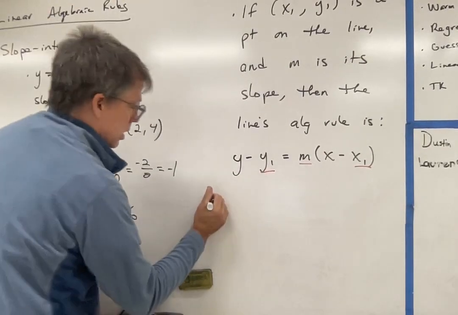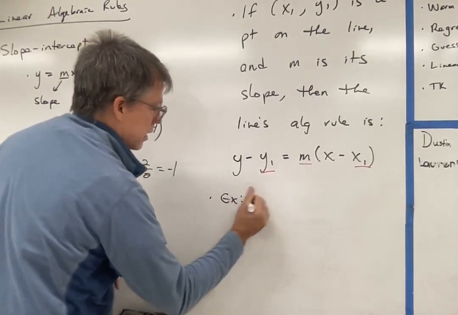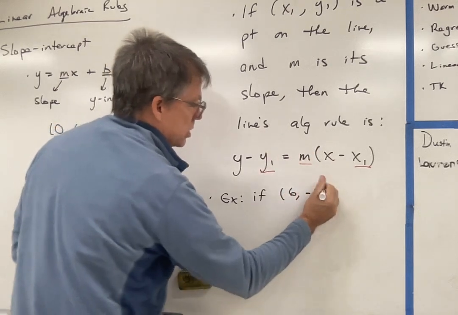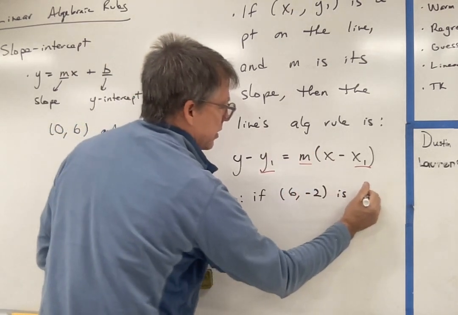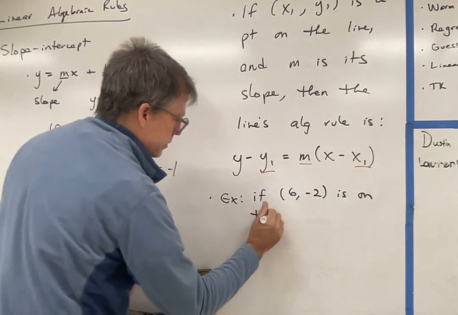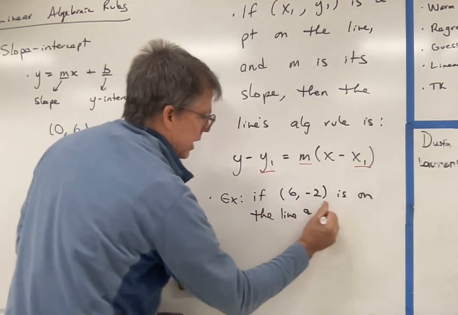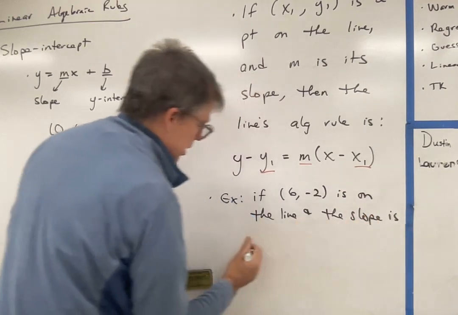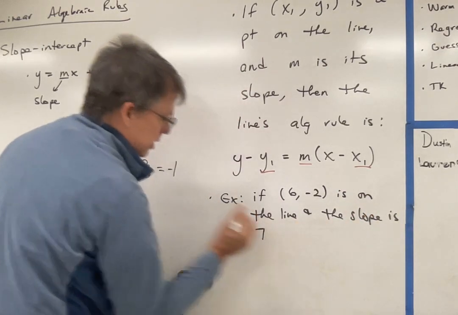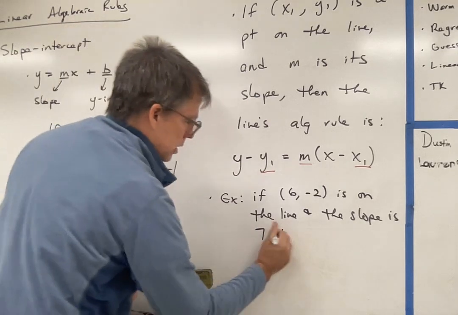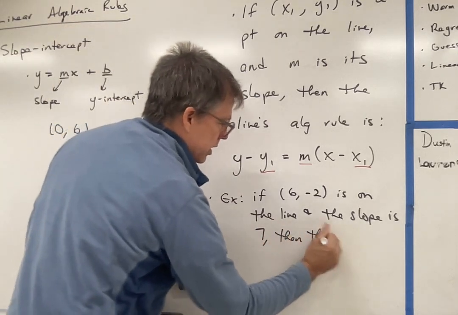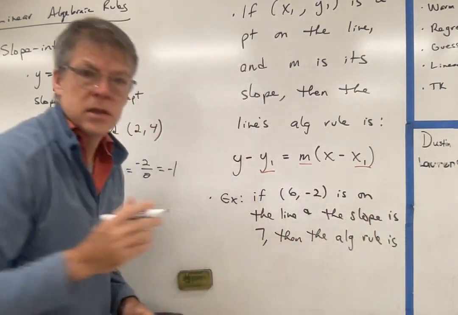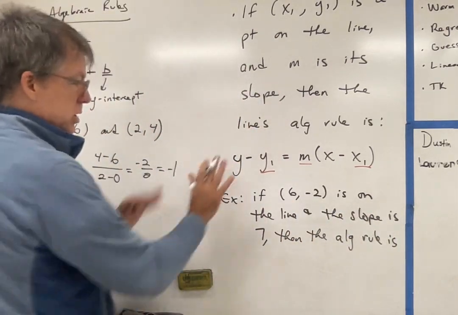Okay, so example. Let's just do 6, negative 2 is on the line, and the slope is 7, then the algebraic rule is, let's just follow this thing.